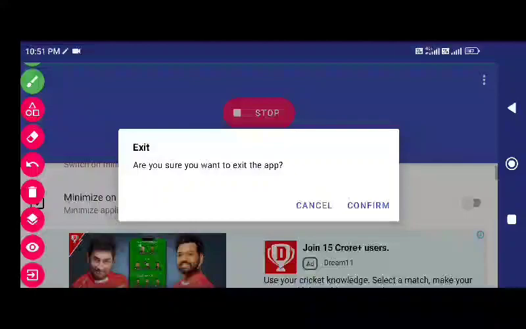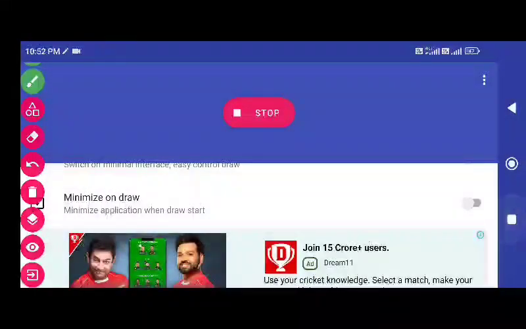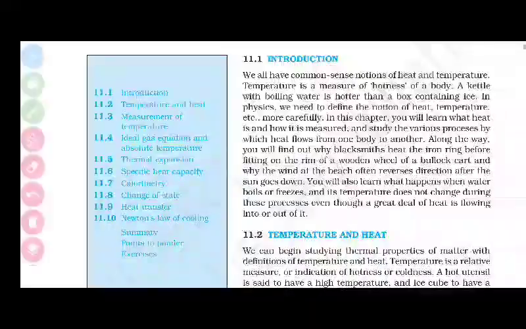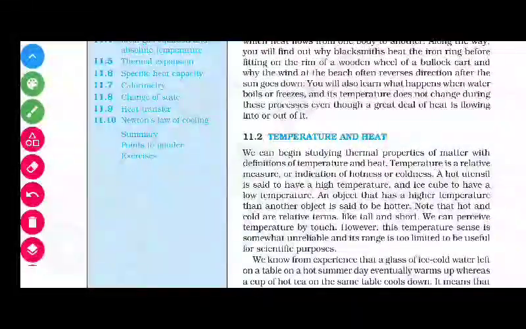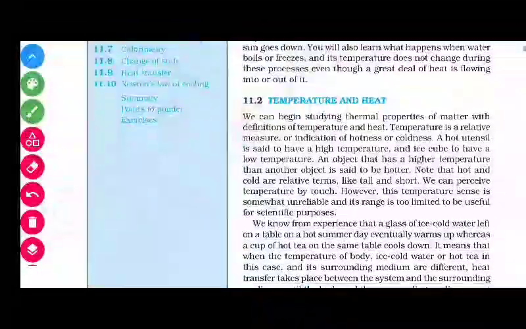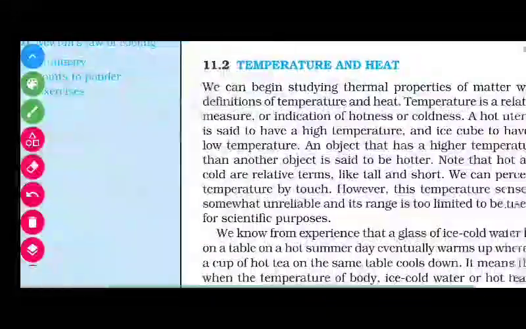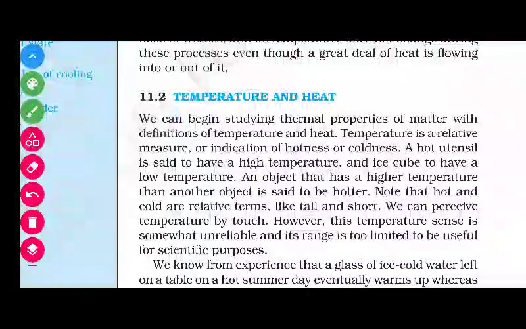Then let's move on. We will do the second paragraph now. This is article number 11.2, temperature and heat. We can begin studying thermal properties of matter with the definition of temperature and heat.